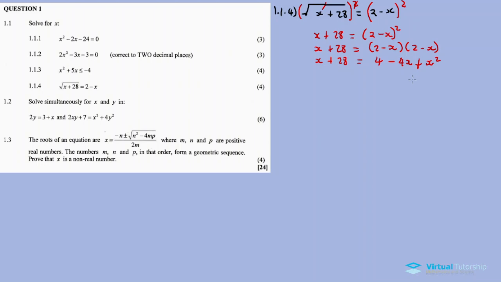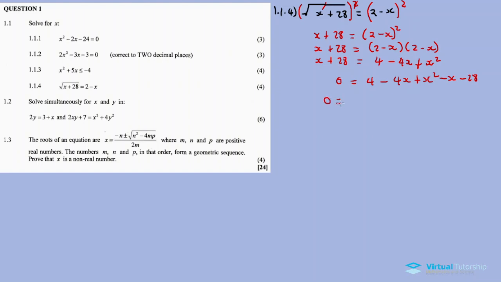Then from here, we move everything to one side. So here I'll say 0 equal to, I will move this x plus 28 to the right hand side. So I will have 4 minus 4x plus x squared minus x minus 28, right?